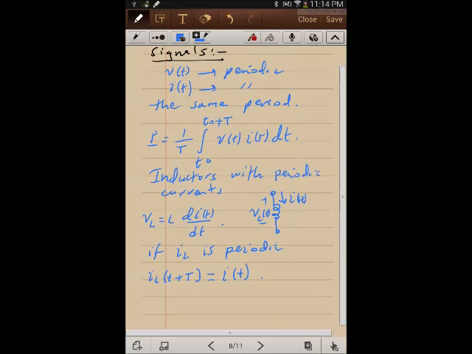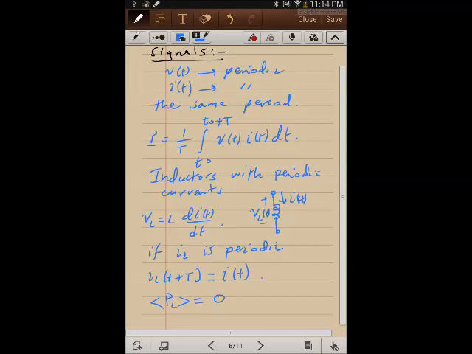Then the average power, this is the symbol for average, the average power across this inductor will equal 0. That means there is no power being absorbed or delivered by the inductor over that period.